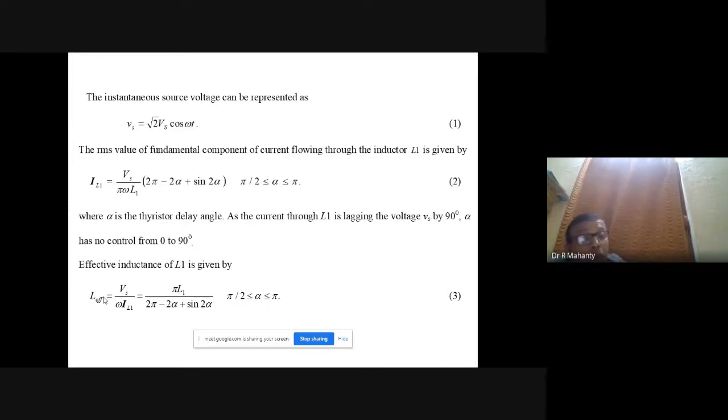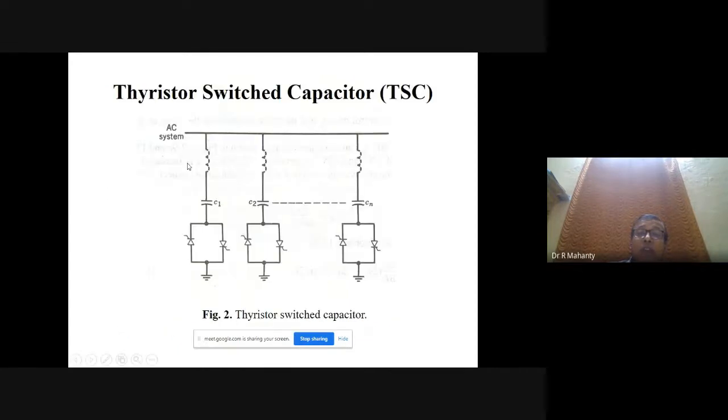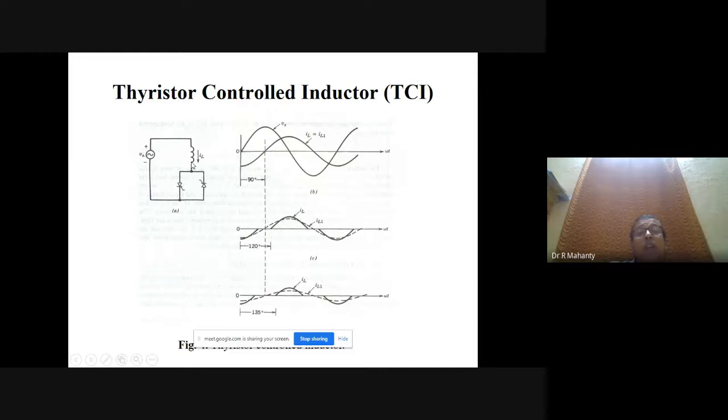Therefore by changing the value of alpha, we will have to obtain a value of L effective so as to nullify the additional capacitance. So with the thyristor switched capacitor as shown in this diagram, when you go on switching the capacitors one by one, as soon as you turn on the nth capacitor, if the power factor is becoming leading, you will have to use this control inductor to nullify this additional capacitance and to make the power factor lagging but close to unity.